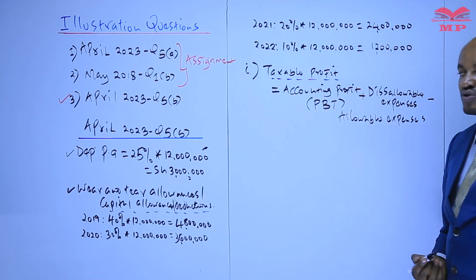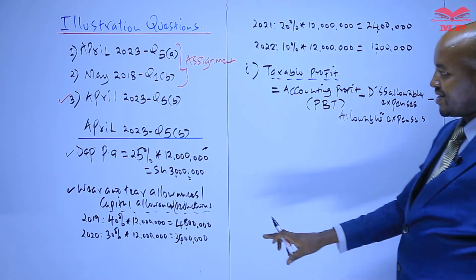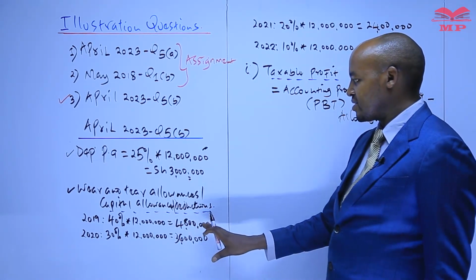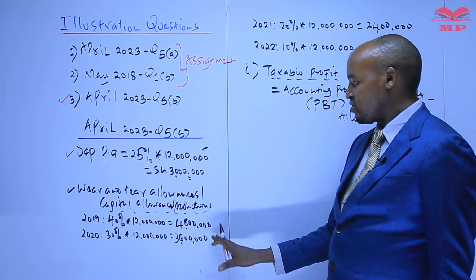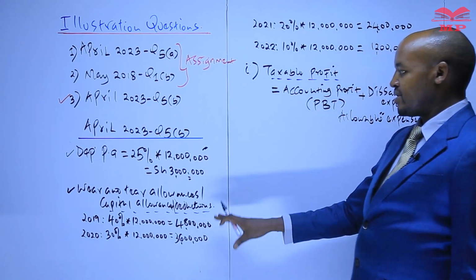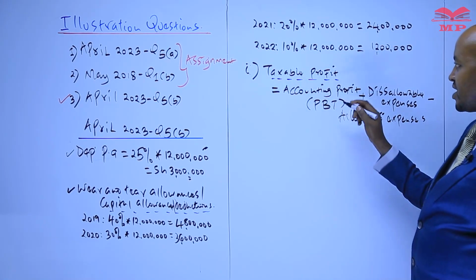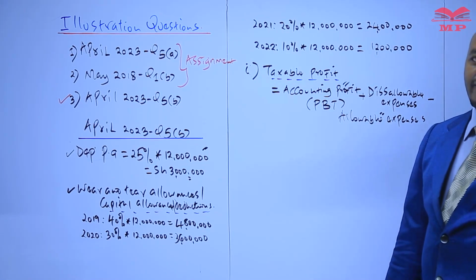Now, in this question we only have one allowable expense, and that is the wear and tear allowance, or the capital allowance. For taxation purposes, capital allowances are an allowable expense. Whenever a company is computing the taxable profit, it should deduct these capital allowances. But always, in arriving at the accounting profit, those capital allowances will not have been deducted.